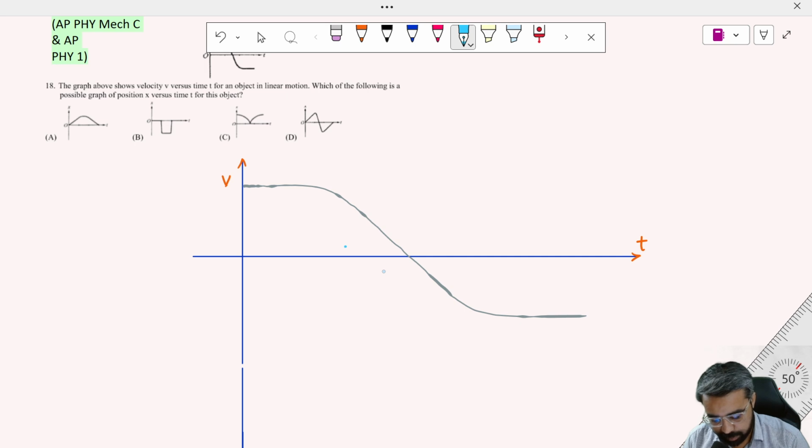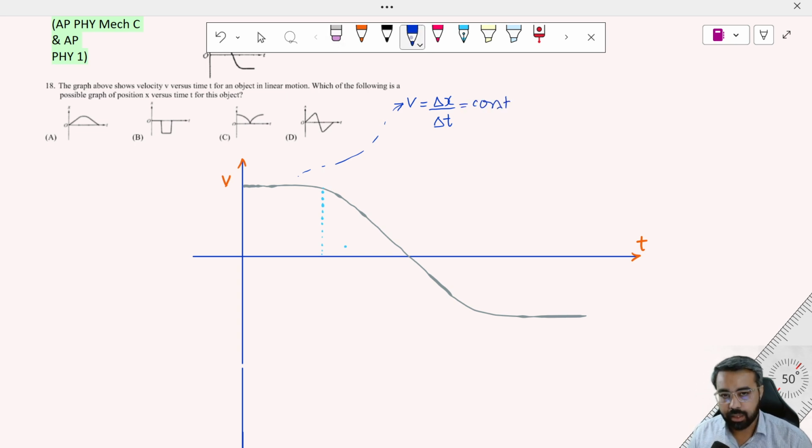In this section of the graph, we see that the velocity is constant. Now, we know that velocity is the slope of the position time graph. So if it is constant, it means that the position or the displacement was covered by the object at a uniform rate.